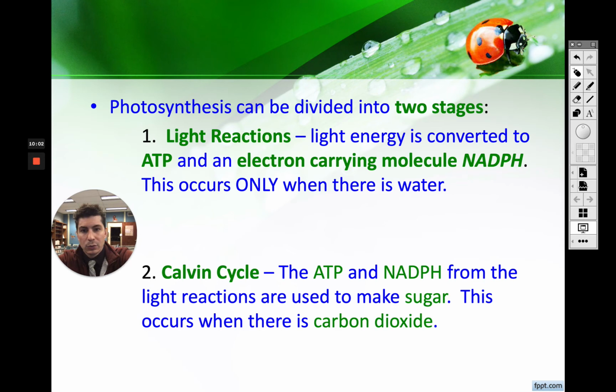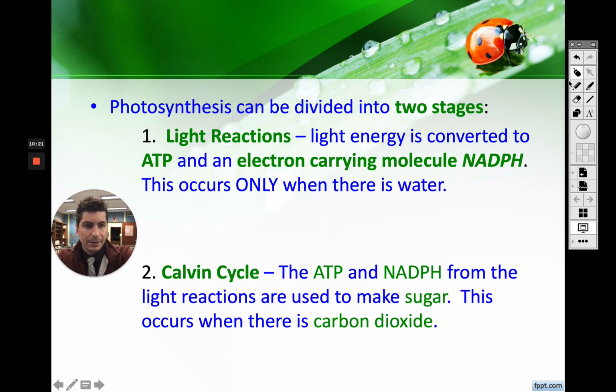So during the light reactions, we are going to make two things. We're going to make ATP, and then this other guy, which is an electron-carrying molecule, called NADPH. We're not worrying about the fancy long name. All you have to know about this, here, let me write it down here.